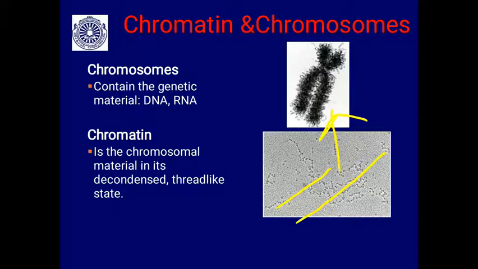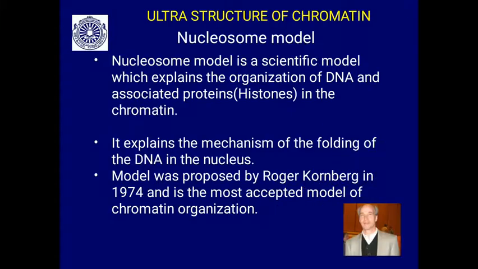So how exactly the DNA is associated with the histones, we cannot understand from this model. It is just a beaded structure, what you see here. So many models have been proposed, and we concentrate only on the most accepted model, the nucleosome model, proposed by Roger Kornberg in 1974.